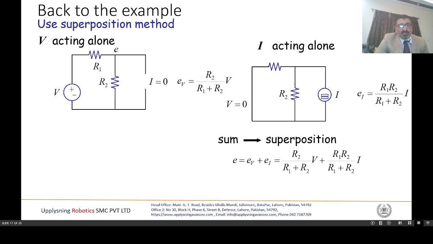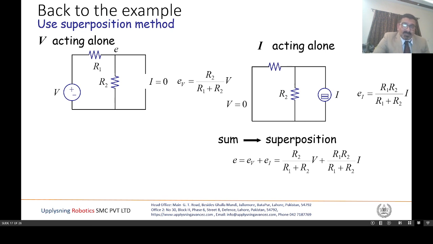So we can see on the left side V acting alone. That means only V is acting, and we make the current source an open circuit, and we use the voltage divider formula, and the nodal voltage will be R2 divided by R1 plus R2 times V. On the right side you can see I acting alone. That means we make the voltage source a short circuit, and then we have the equation of the nodal current, R1 R2 divided by R1 plus R2.